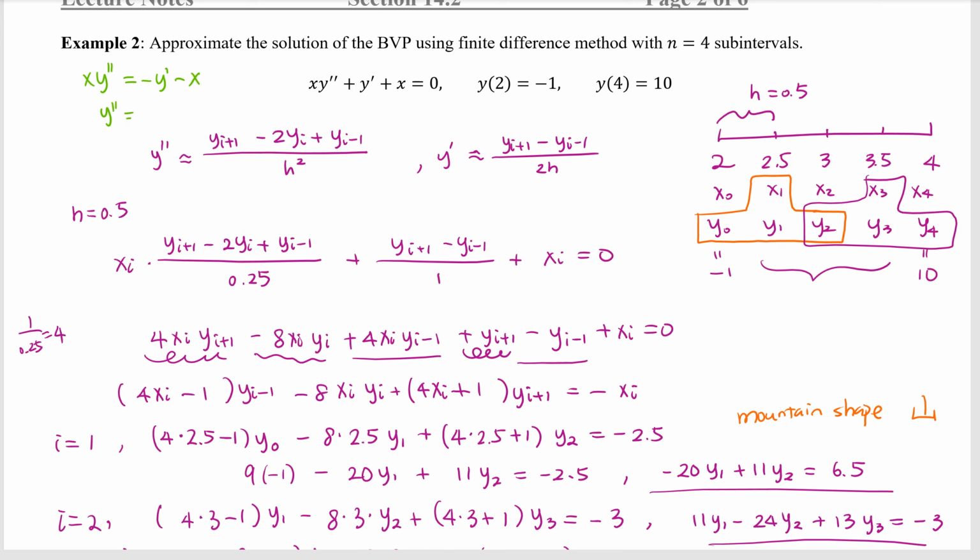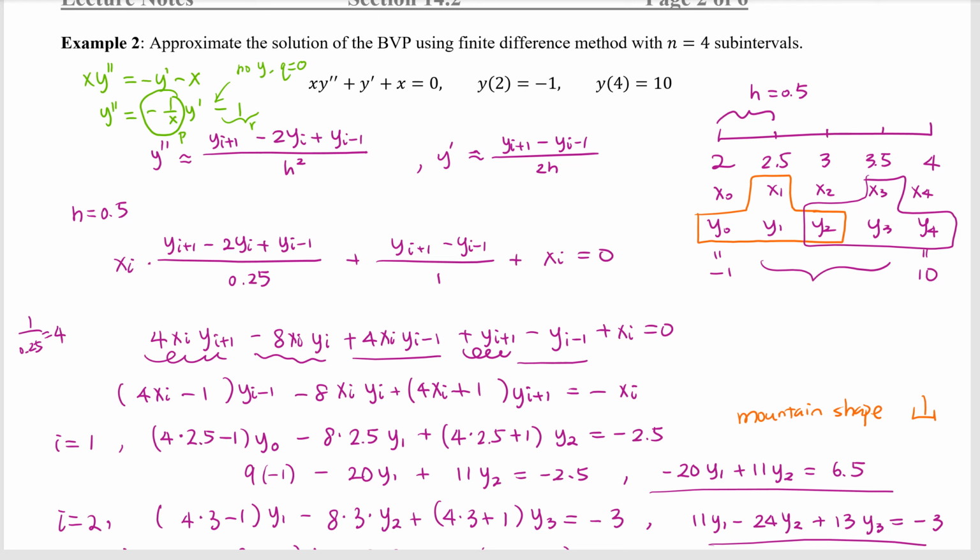So y double prime, both sides divided by x. So minus 1 over x times y prime, and then x over x is 1. So the p is the coefficient of y prime, but you see there's no y there. So q is 0, and then r is negative 1.